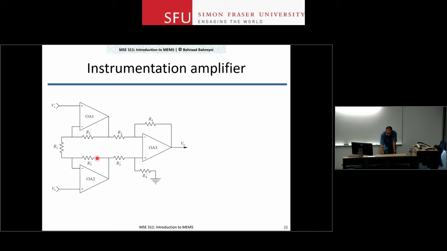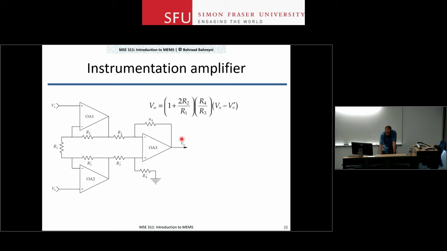Therefore, the input resistance that VS or VS prime are seeing is infinite in both inputs. I apply the signals to these two, and they produce a voltage proportional to VS and VS prime here. And I use a difference amplifier over here to subtract these two signals from each other.